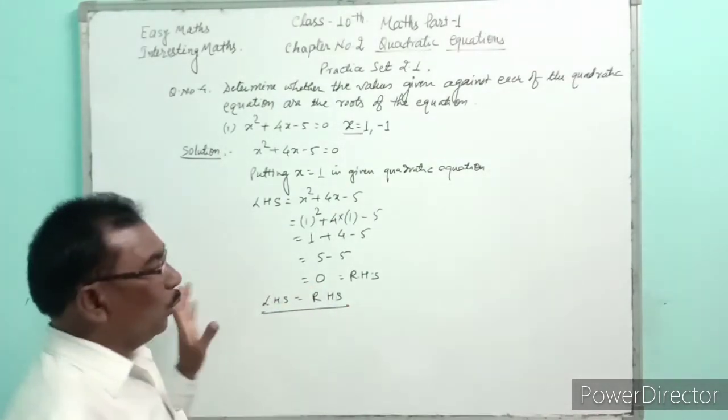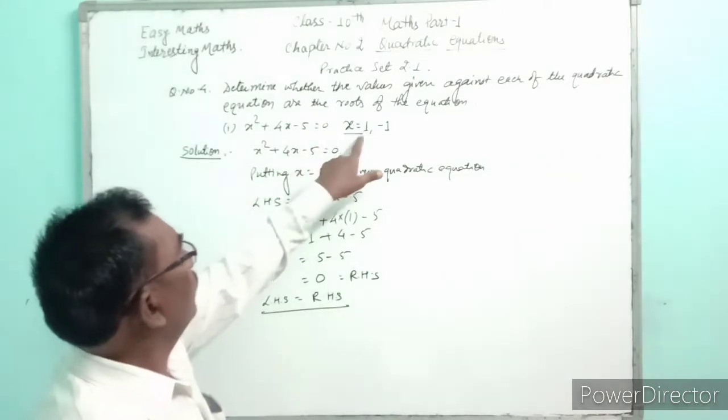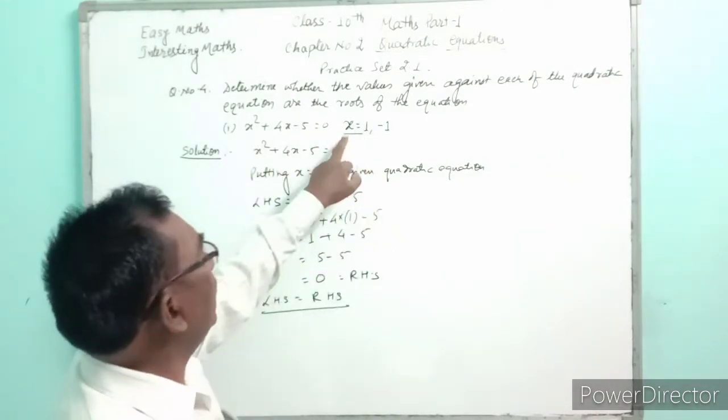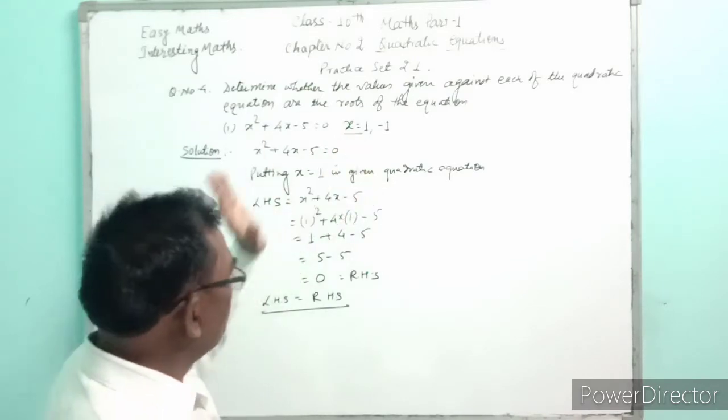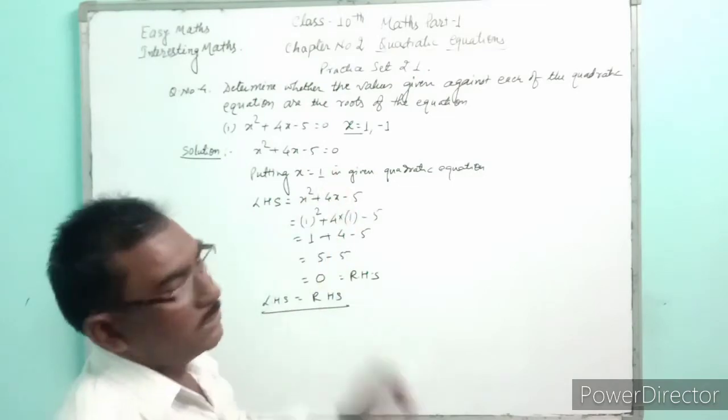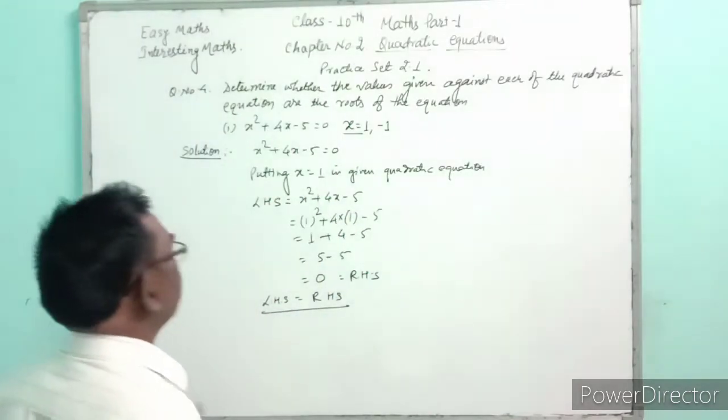For x is equal to 1, the equation is satisfied. Therefore, x is equal to 1 is a solution of the given equation, or 1 is the root of the given equation.